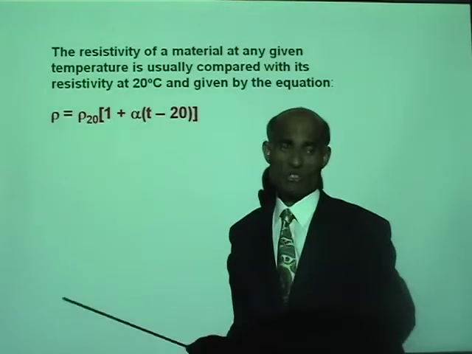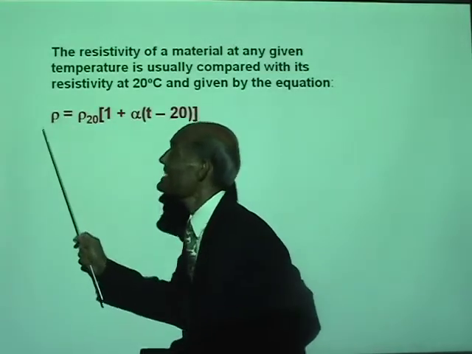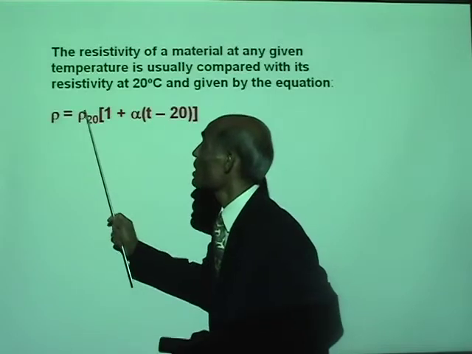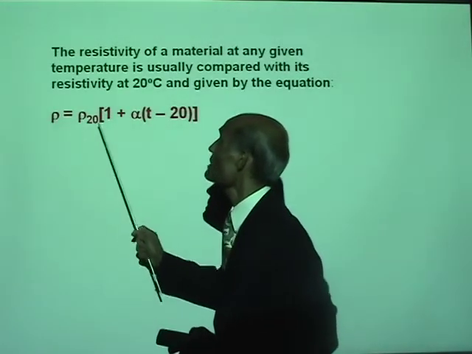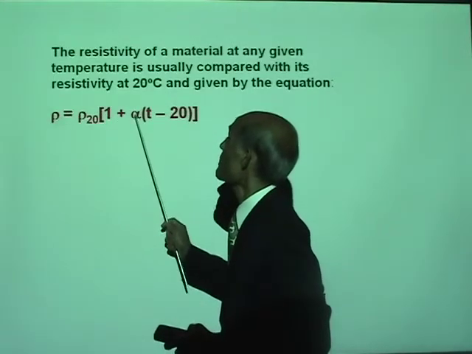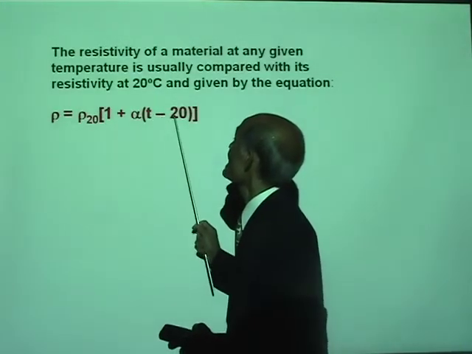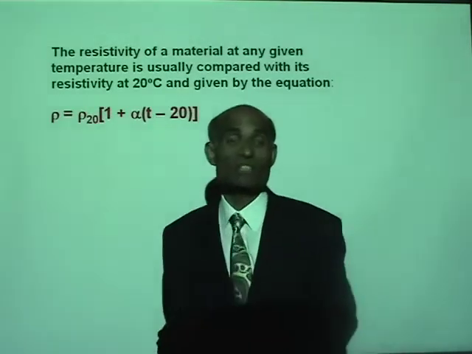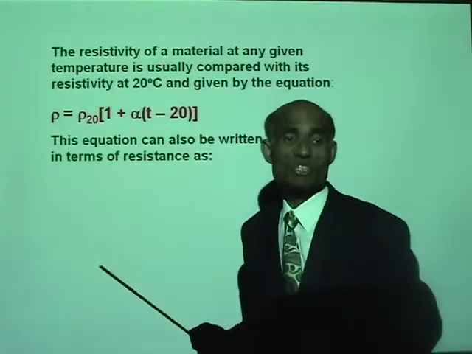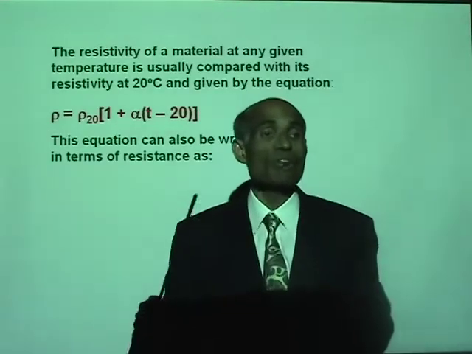Now, look at that equation. Rho at any temperature equals rho 20, in other words, resistivity at 20 degrees, times 1 plus alpha times (T minus 20), where alpha is a constant called the temperature coefficient of resistivity.